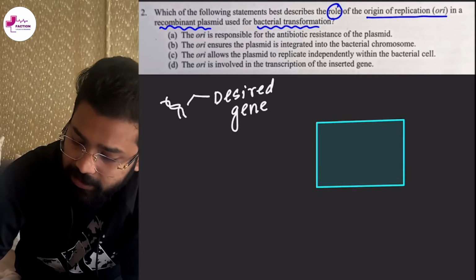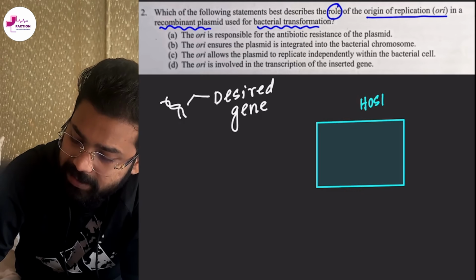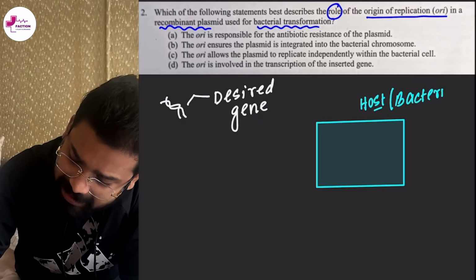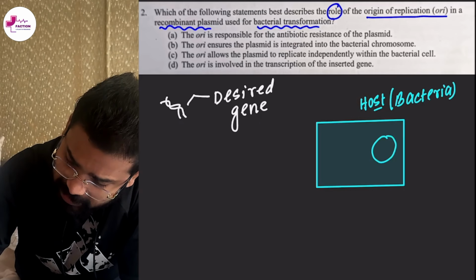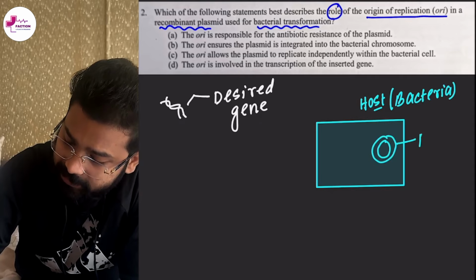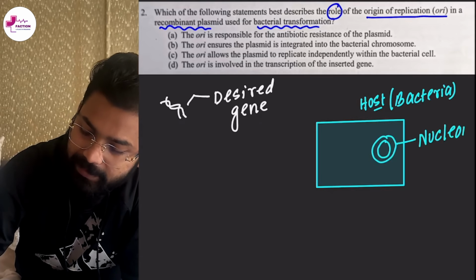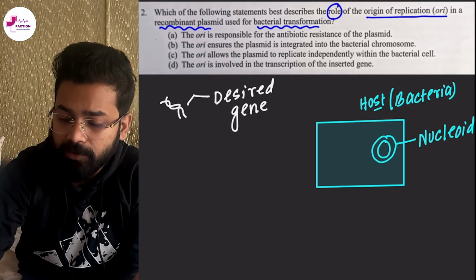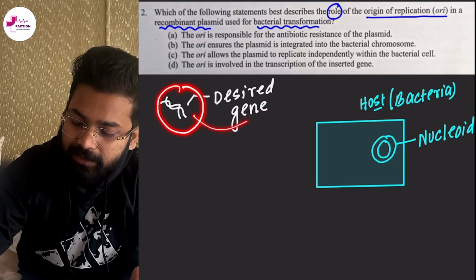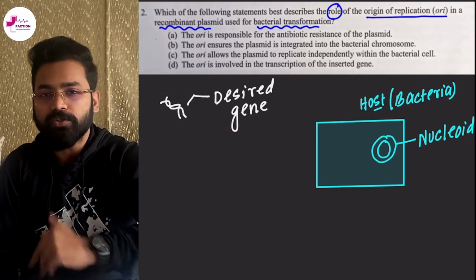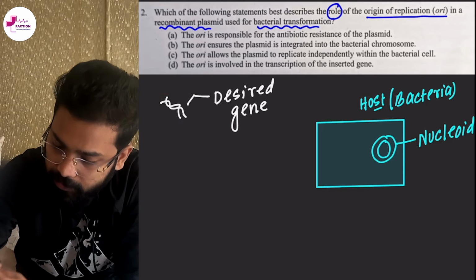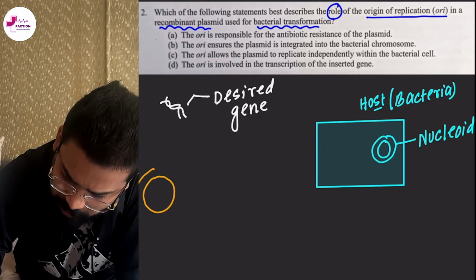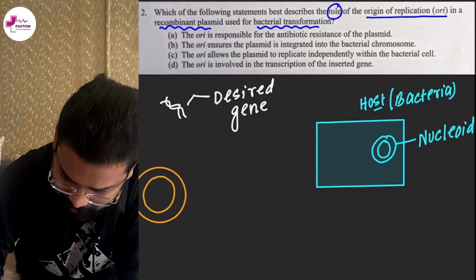And since this is a bacterial cell, say this is its native nucleoid. Now we want to transform, or you can say transfer, this gene into this cell, for which we use a vector. This is a plasmid which is to be used as a vector in this experiment.